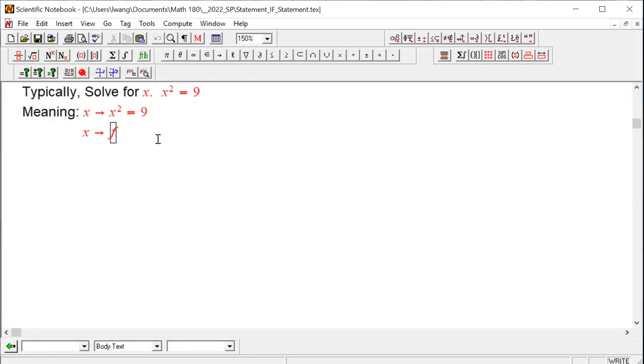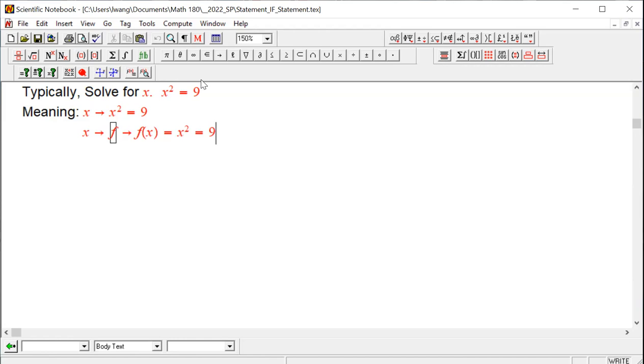Okay, this function, f of x, we know the rule is x squared, x times x. We take the input and multiply it by itself. We know the output is 9, and we want to find out what the input would be.